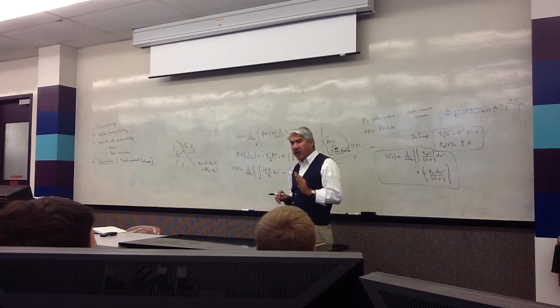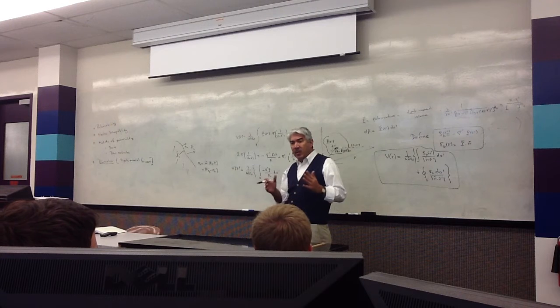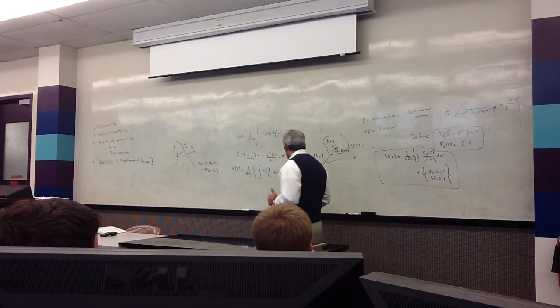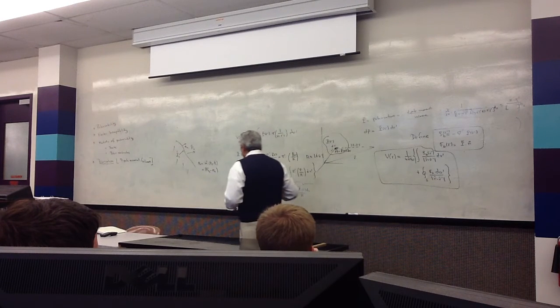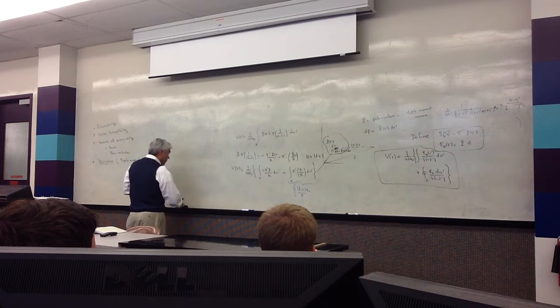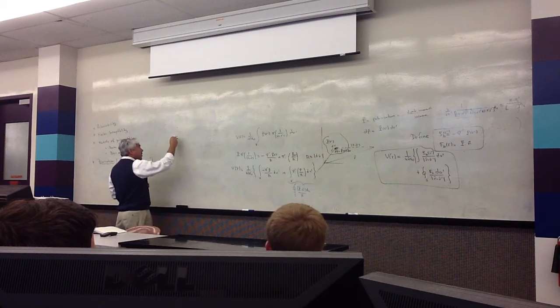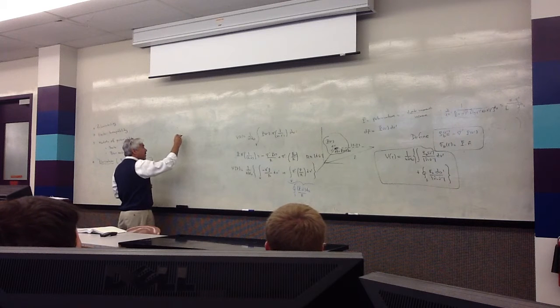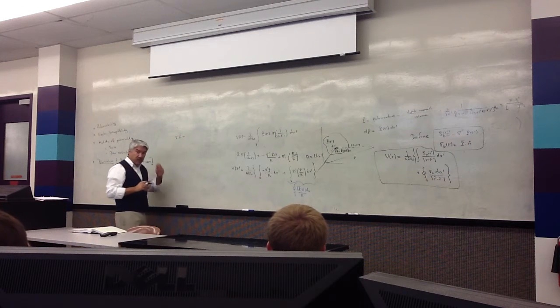But before we do that, what happens then to Poisson's equation in this case? What we had before is del dot E, remember, has to be equal to what?